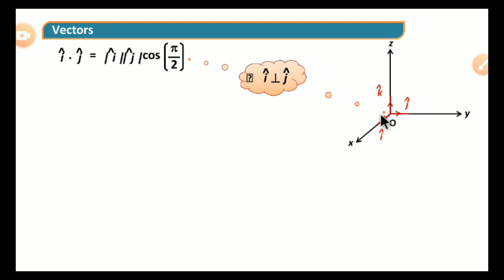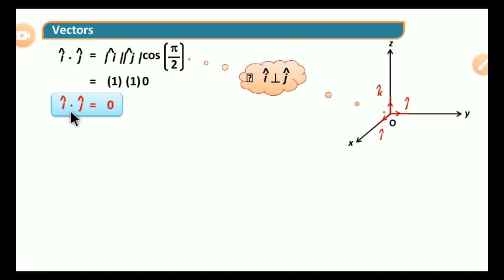See here, x and y are perpendicular axes, so their unit vectors are also perpendicular. So theta becomes pi by 2. Now magnitude of i cap is 1, magnitude of j cap is also equal to 1, and cos pi by 2 equals 0. Therefore i dot j is equal to 0.